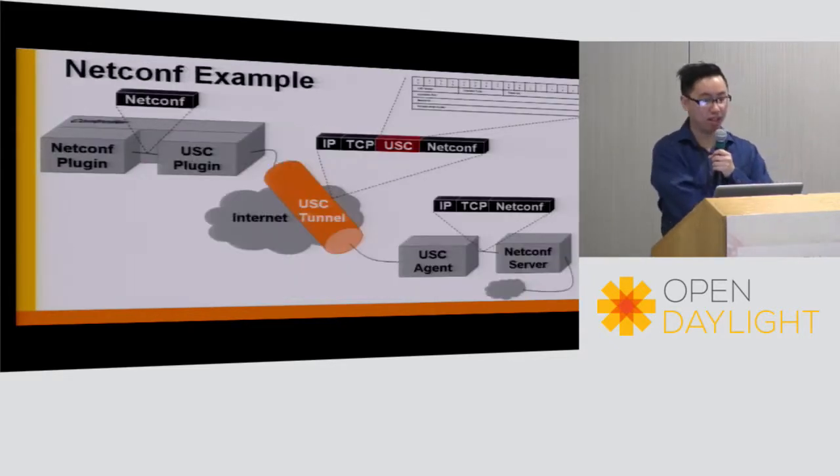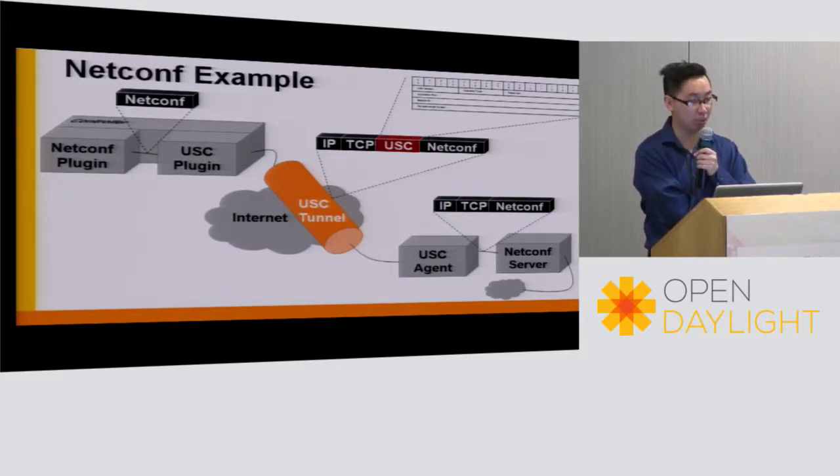So if you take Netconf as an example, if we have some sort of Netconf payload, we would actually extract it and run it through our USC tunnel with the USC header.